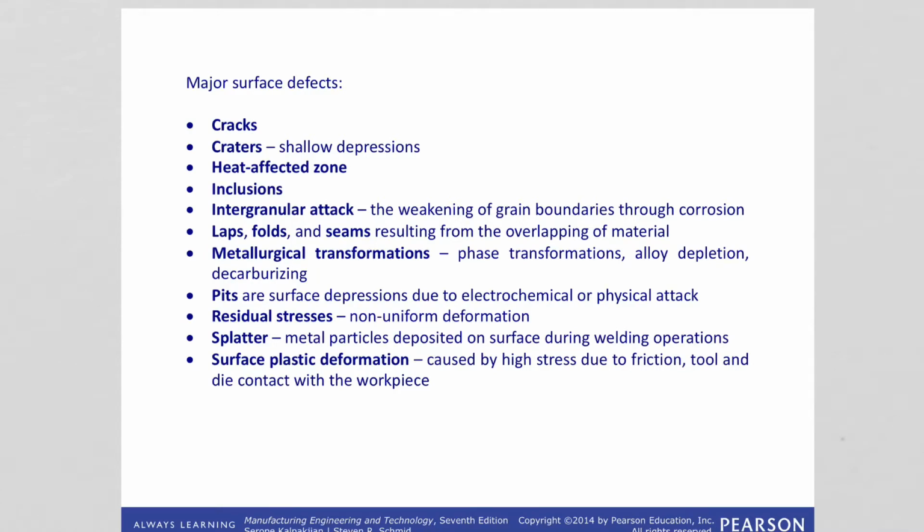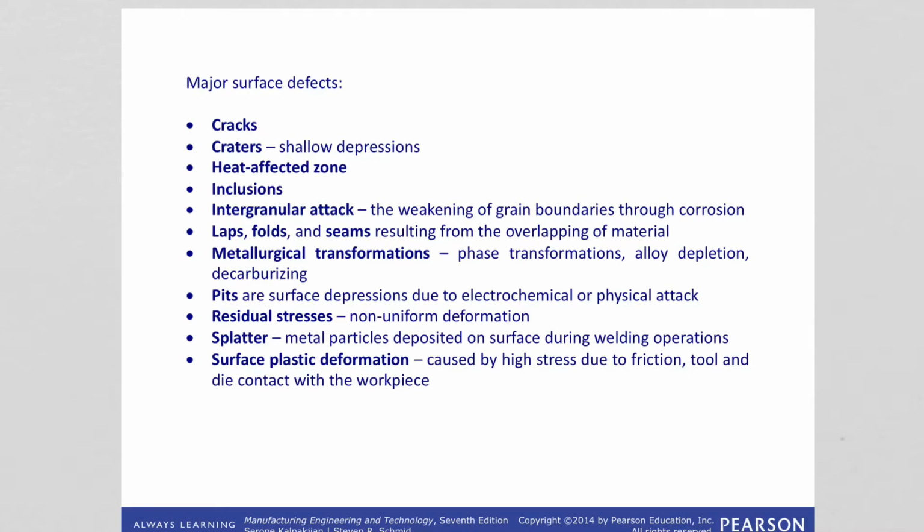Intergranular attack. So remember the grains and grain boundaries in the structure of materials. Intergranular attack means weakening of grain boundaries due to corrosion. The grain boundaries, remember, have different characteristics than the grain itself, because the atoms are more free, they are more reactive, they have more energy.